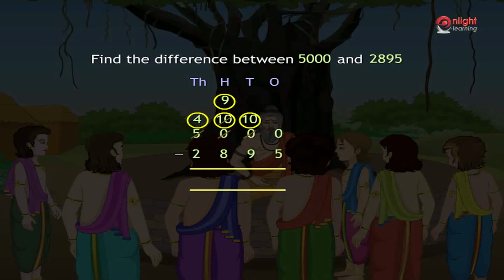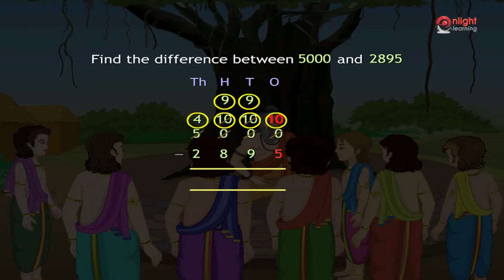By giving 1 tens, 10 tens becomes 9 tens, and 0 in ones place will change to 10, since 1 tens is equal to 10 ones. Now the larger number 5,000 changed, with 4 in thousands place, 9 in hundreds and tens place, and 10 in ones place. So let's do the subtraction.